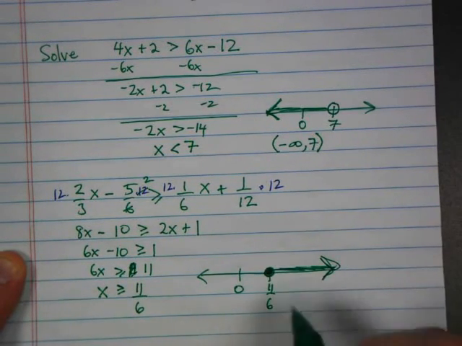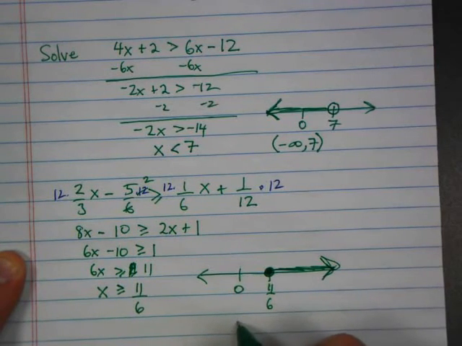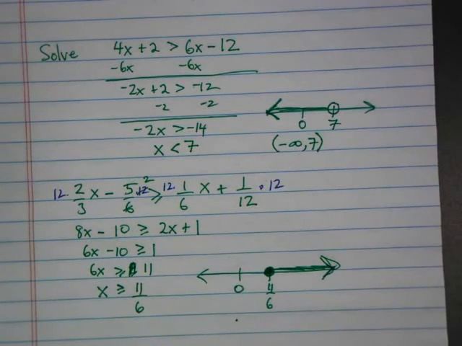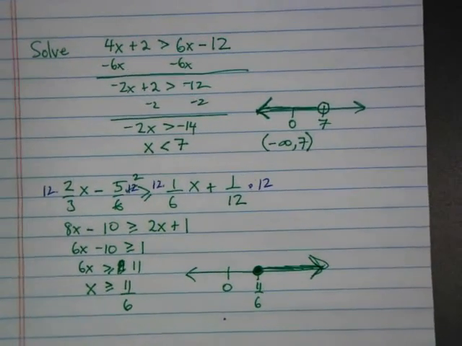Interval notation. How would you write interval notation? I just have a question. How did you get that? How did I get what? I'm just confused. Okay, so if you go 0, 1, 2, then where's 11 over 6? Yeah, so you're making it hard on yourself, aren't you?